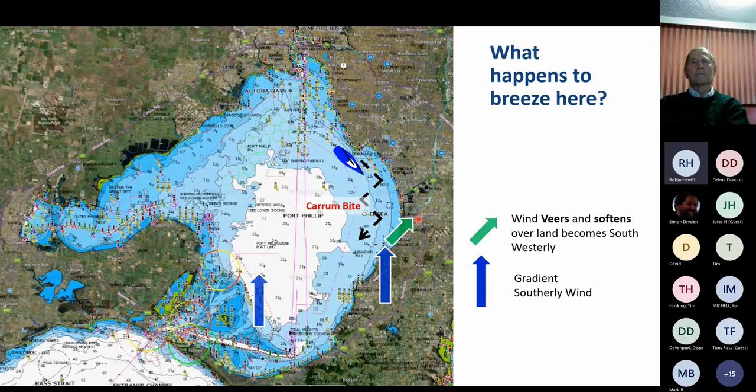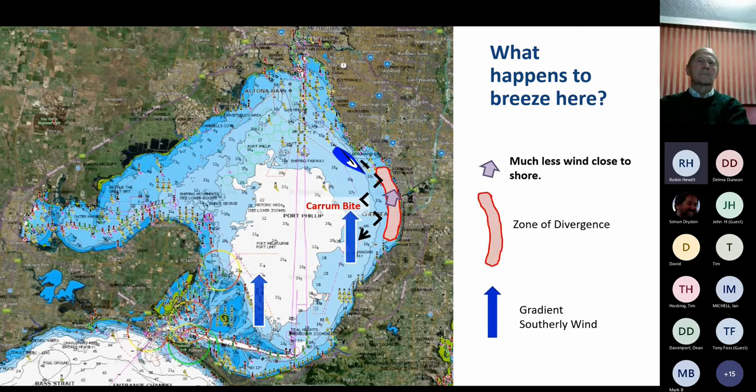We've got the veered wind here, and we've got the local gradient wind here. So we've got a zone of divergence in this area here. That is, there's a hole in the wind here. And this zone of divergence will mean that anybody who's stuck in that will miss out compared to anyone who's in a position just far enough offshore that they're not getting that influence and getting the best wind.